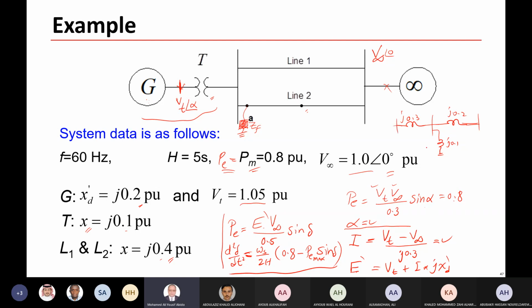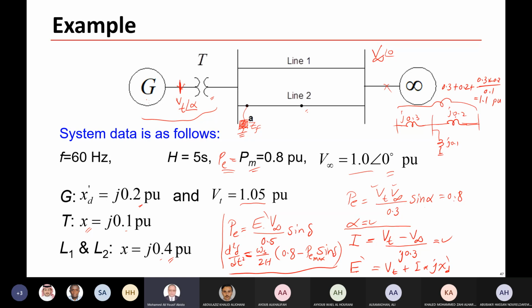So you need to convert this to delta. We are interested only in this impedance, which is 0.3 plus 0.2 plus 0.3 times 0.2 over the third impedance, which is 0.1. This gives you 0.5 plus 0.6, which is 1.1.